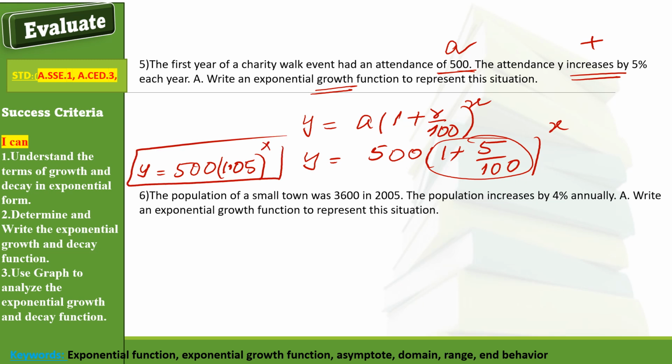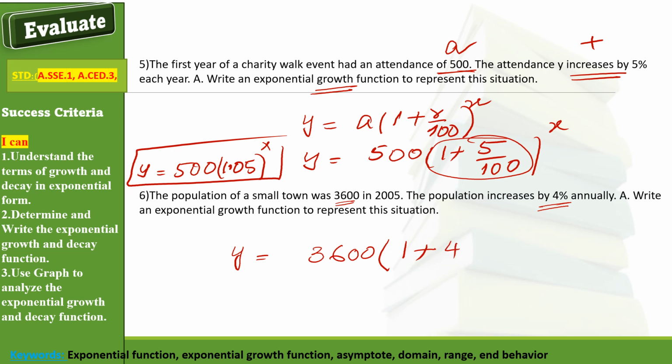The population of this small town was 3,600 in 2005. The population increases by 4% annually. Write an exponential growth function to represent this situation. So the next question is saying that the initial population was 3600 and they keep increasing, which means we will use the plus sign, and r is a rate of 4%.